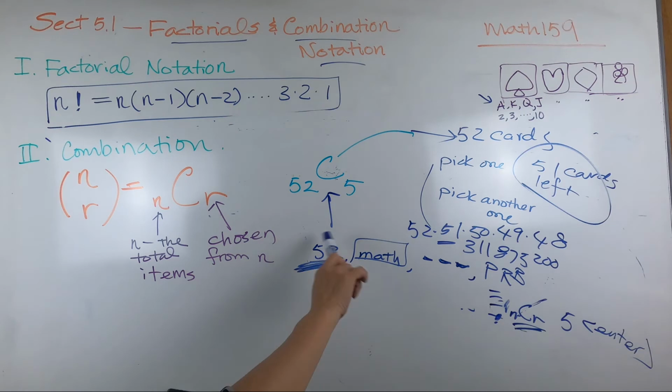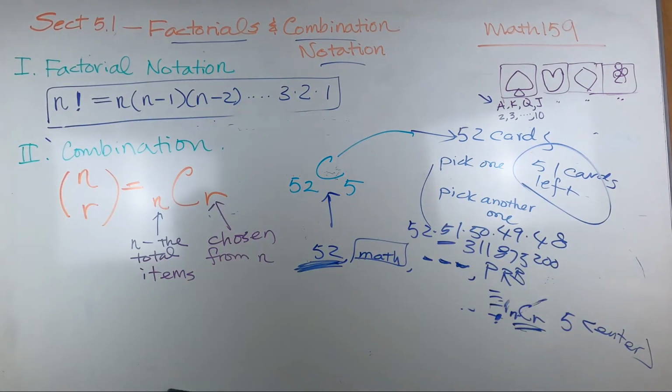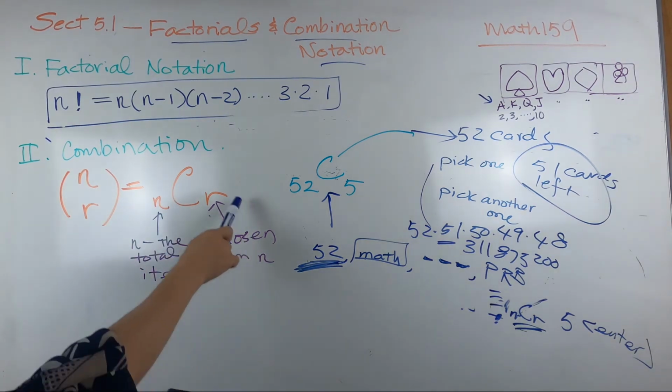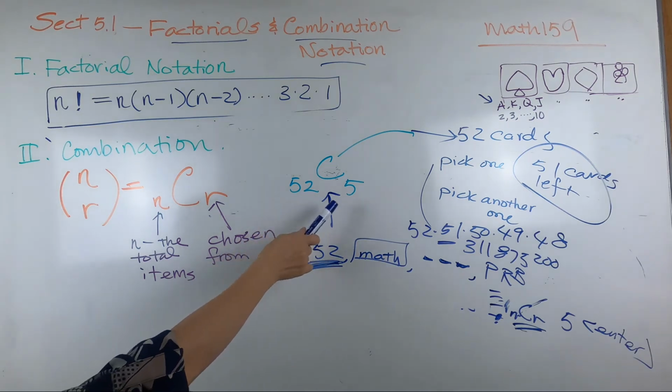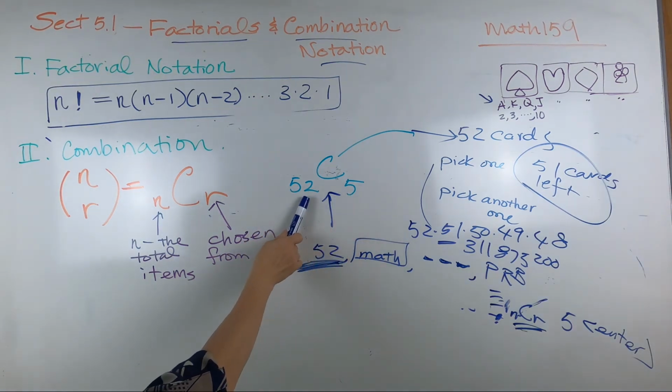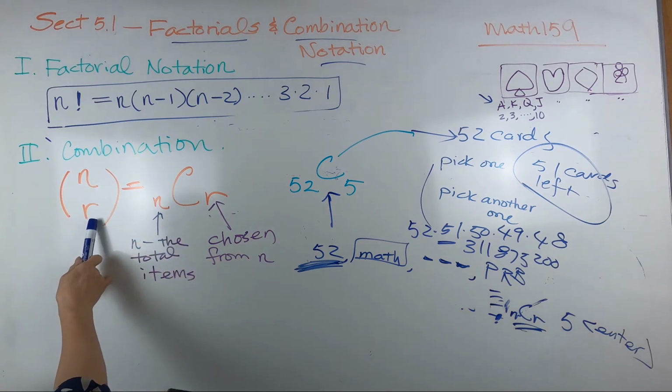If you cannot do this on the calculator, you won't be able to do stats. So now we just introduced combination like this one. You choose 5 cards out of 52 cards. It's this simple. Then on paper we can just write it this way.